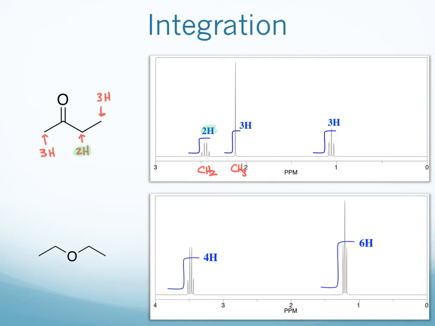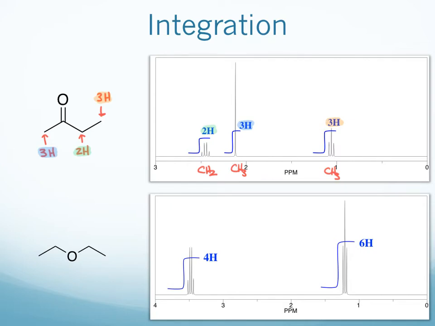And this singlet happens to be this hydrogen right here, the methyl group on the ketone. And then finally we have another 3 hydrogen integration, and that represents the other CH3 group. So there's a 3 hydrogen integration, and that corresponds to this CH3.